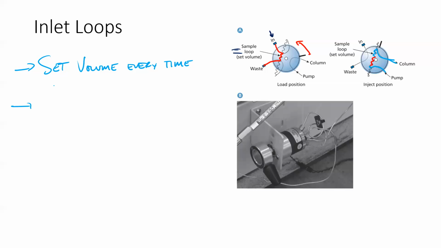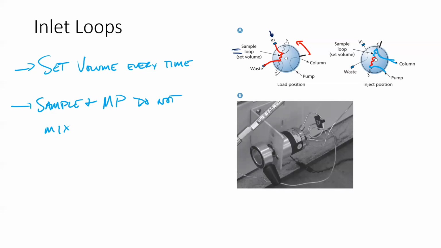You can imagine that if we were injecting while the mobile phase was flowing, we would have a lot of mixing going on, right? In this case, the sample and the mobile phase do not mix, right? It's almost like you've got this little plug that's just moving through the column. And this is exactly what we want.